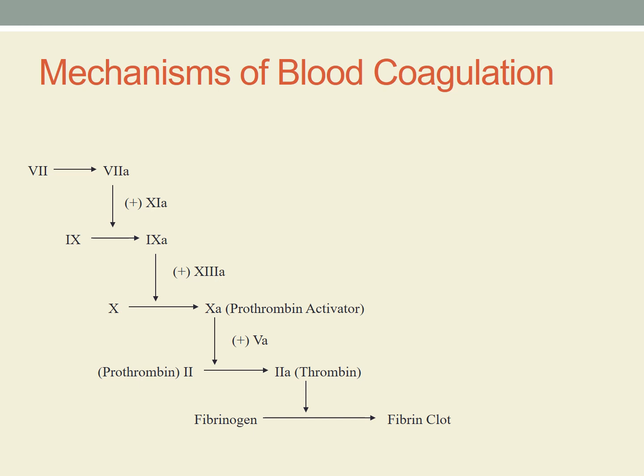So these activated factors then catalyze the next step in the cascade, and it goes on, ultimately resulting in the formation of fibrin. So this cascade is important when we talk about the mechanism of action of anticoagulant medications and how they interfere with the process shown here.